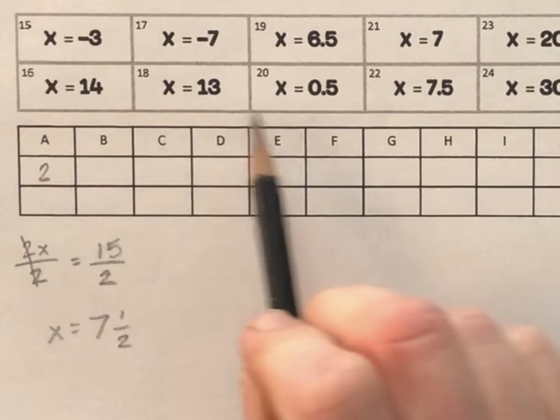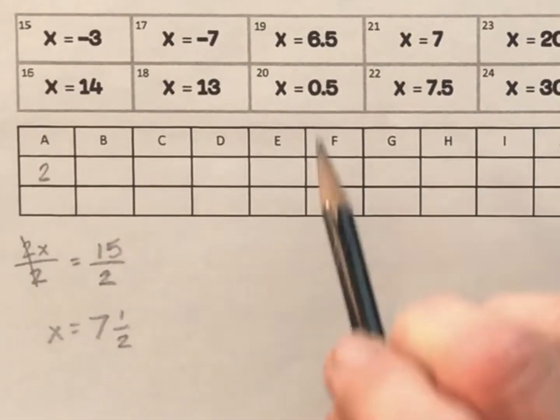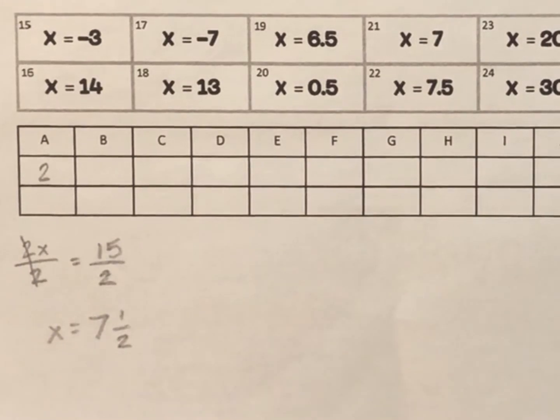Ooh, I just noticed all their answers are in decimal form, and mine is in mixed number form. Well, that's easy. Let me go back and refigure this. Let's assume I don't know what 7 1/2 looks like in decimal form.